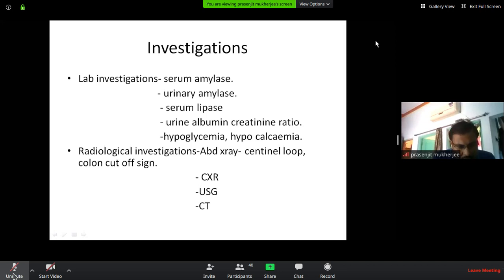So the proximal portion of the transverse colon and ascending colon is dilated, but thereafter no gas shadow. This is called colon cutoff sign. I could not capture pictures from Google, but next class, if possible, I will take some pictures and show you how they look. Once you see, you will not forget. The colon cutoff sign is again a classical picture in the X-ray.